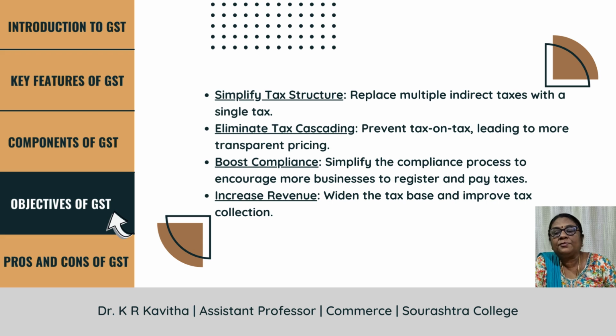The key objectives of GST aim to achieve mainly simplifying India's tax structure by replacing numerous indirect taxes within a unified system. Additionally, GST aims to eliminate tax cascading, which ensures that taxes are applied only on the value addition at each stage of production and distribution, thereby promoting transparent pricing.